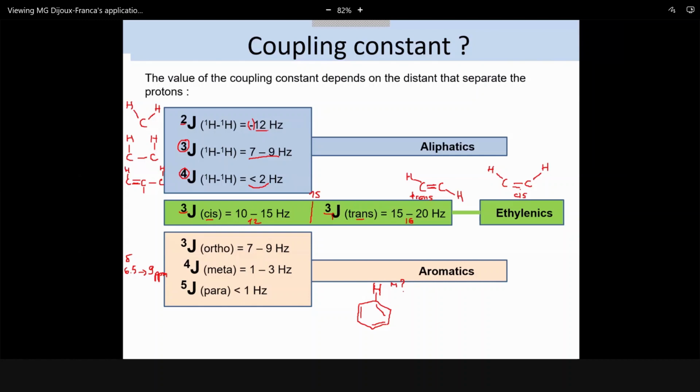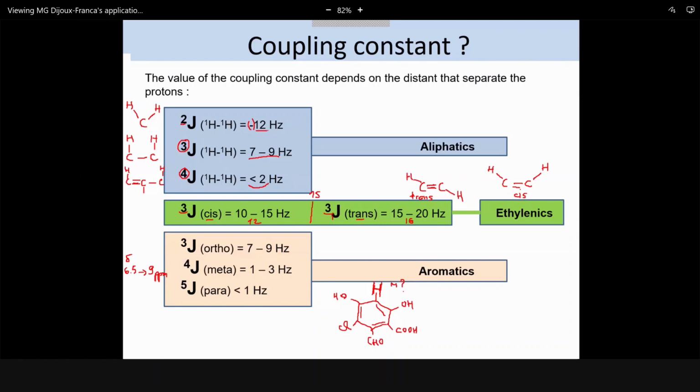If I have only, let's say, an OH, only chemical groups with no protons on this position. For example, this molecule, what will be the shape of the signals of this?